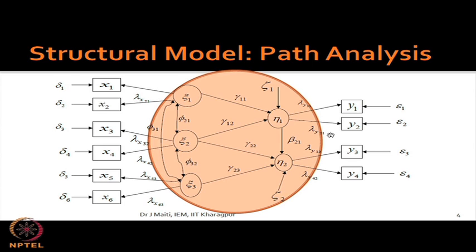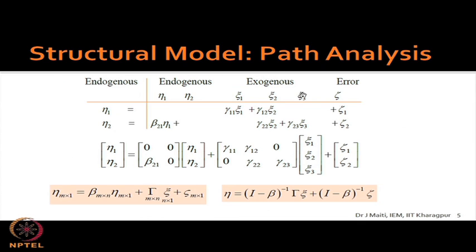Now, in today's lecture, I will be discussing more on this path analysis, and later on, if time permits, I will tell you the totality of how it will be done. Okay. So, now let us see the equations.